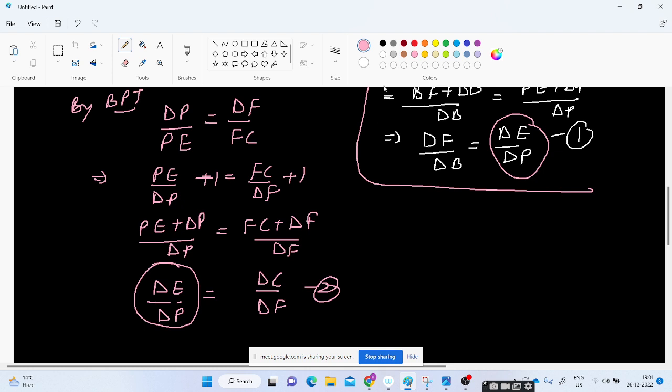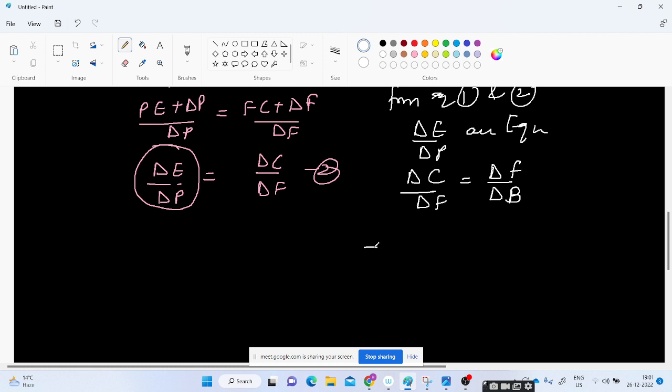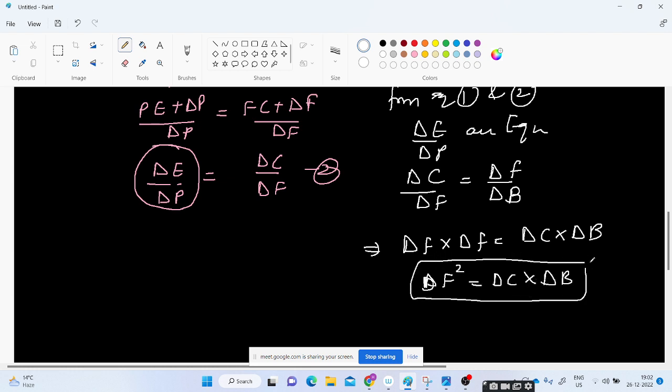So from equation 1 and 2 you will say DE upon DP are equal, it means DC upon DF is equal to DF upon DB. So what will you get? It means DF into DF is equal to DC into DB, and DF squared is equal to DC into DB. This is what we had to prove, beta. Okay.